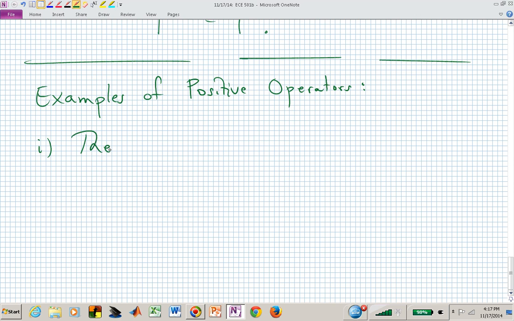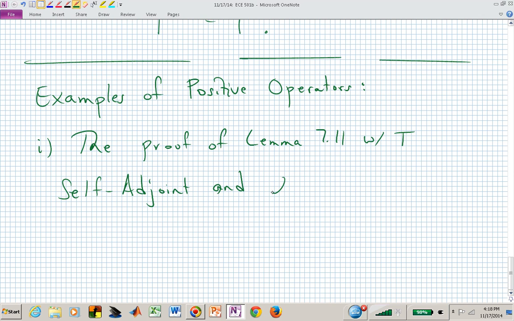One, we've seen when we were doing the proof of lemma 7.11, the proof of 7.11, with T being self-adjoint and these two constants enjoying a particular relationship, alpha squared is less than 4 beta.